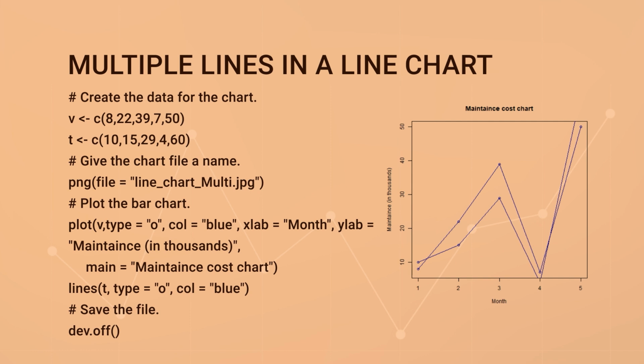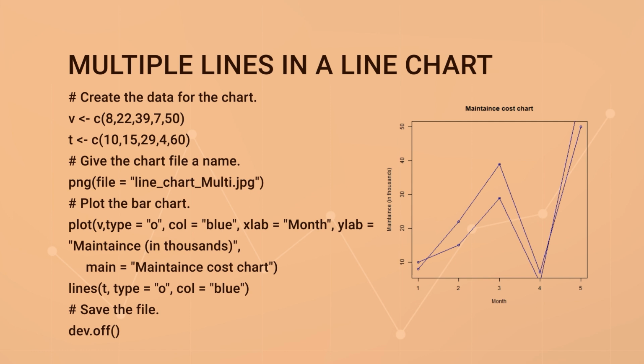Then type is o, again points and lines. Then the color is set to blue. You can change the color to anything you want, and then you can set xlab to month, and ylab to maintenance cost in 1000.